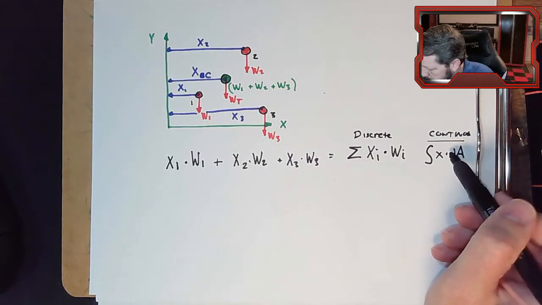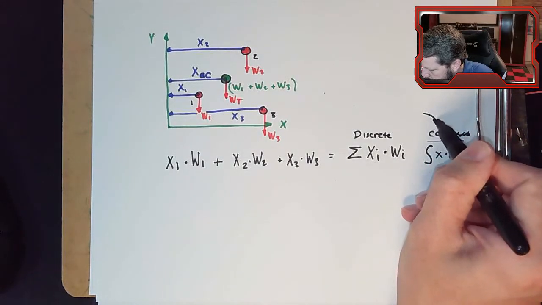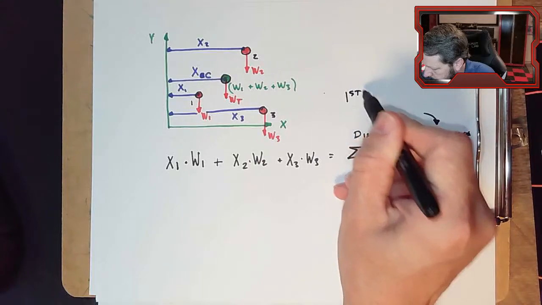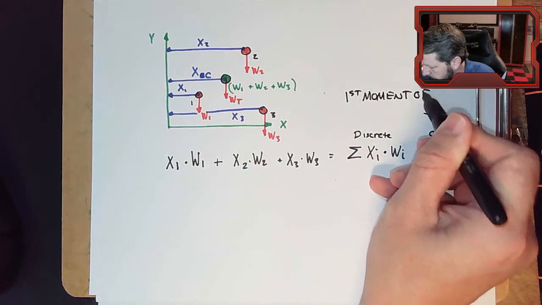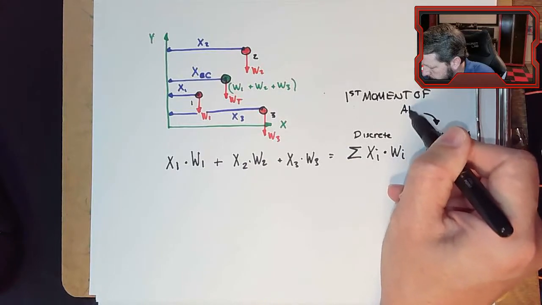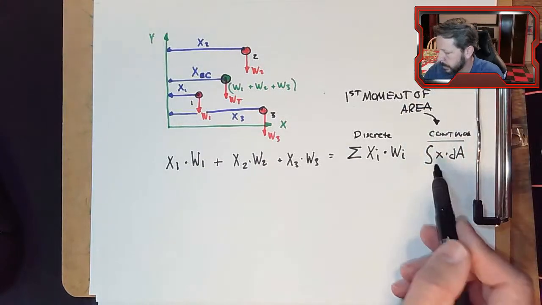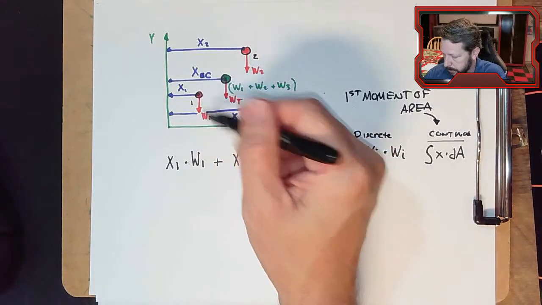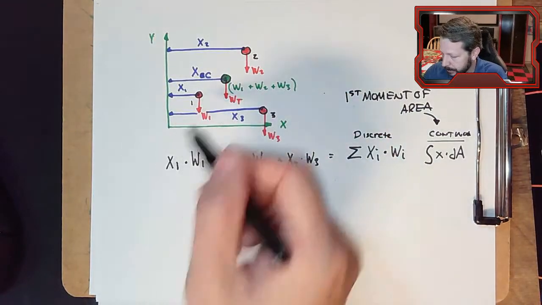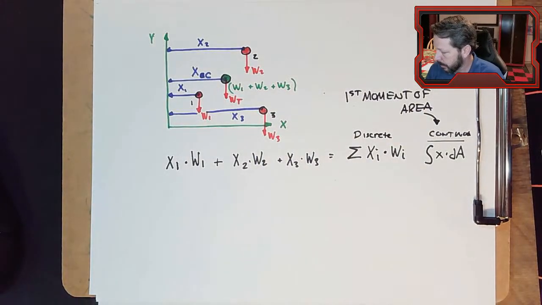This term is actually called the first moment of area. So this integral x dA, or integral y dA if you're talking about measuring in the y direction, or integral z dA if we were dealing with the z-axis, that's actually called the first moment of area.